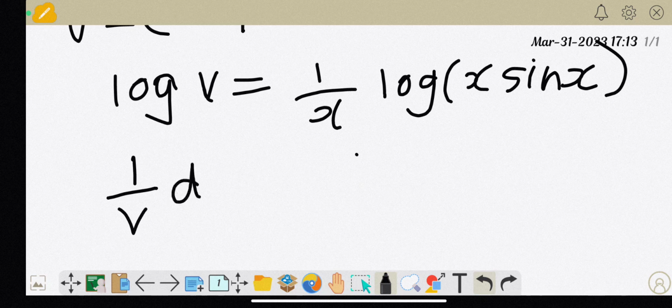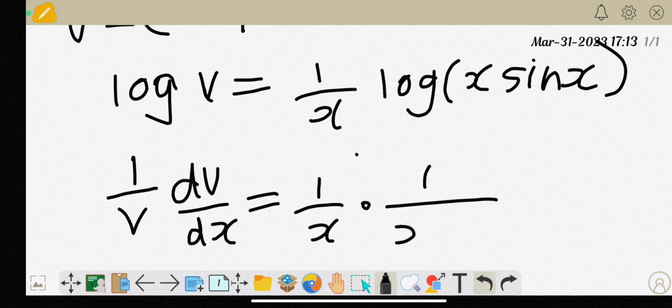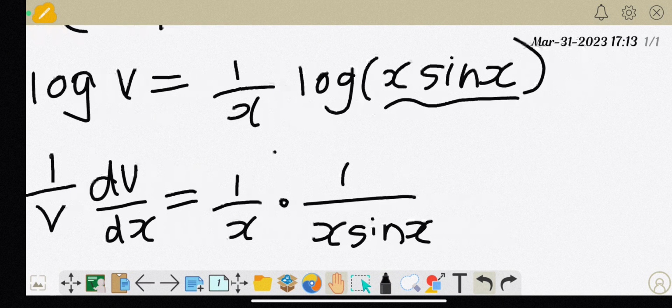1 by v dv by dx. Here let this be my first term, this be my second term. So first into differentiation of second. So first term 1 by x, let it be as it is. Differentiation of this, it will be 1 by second term is sin x. Then differentiation of this, what you have to do? Product rule.